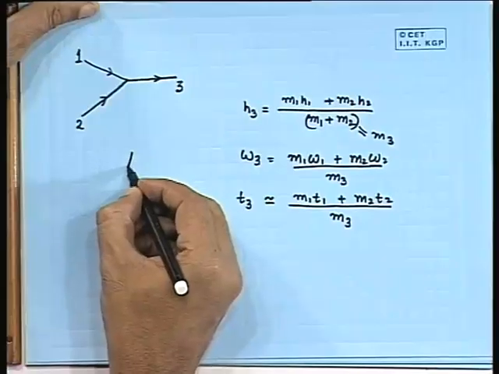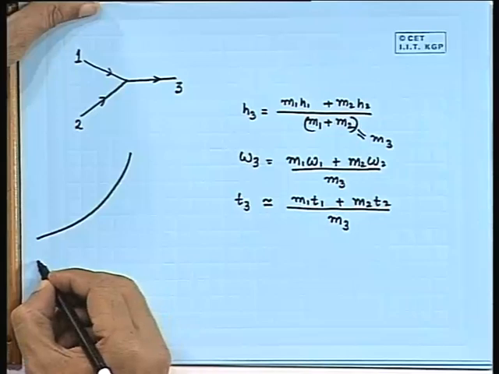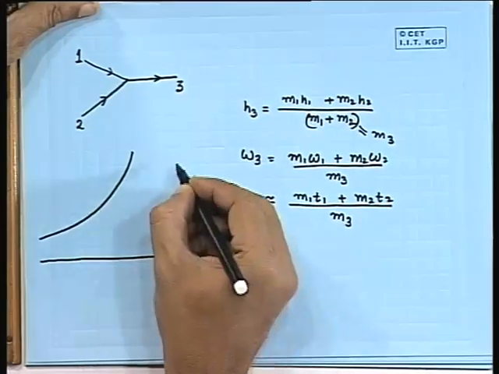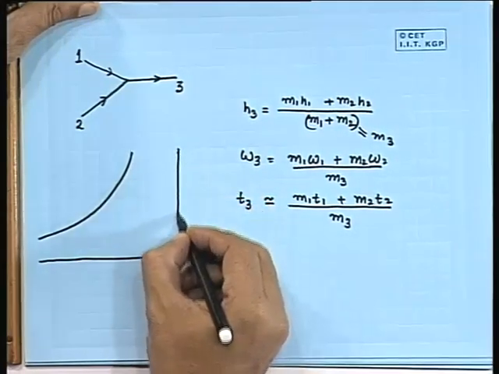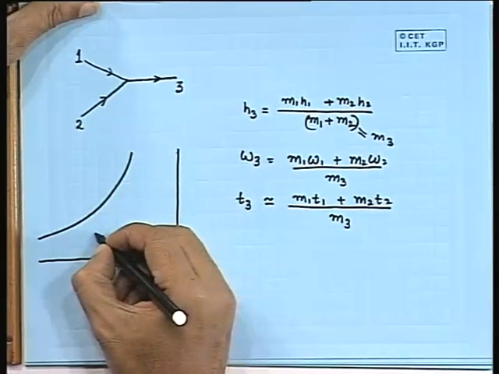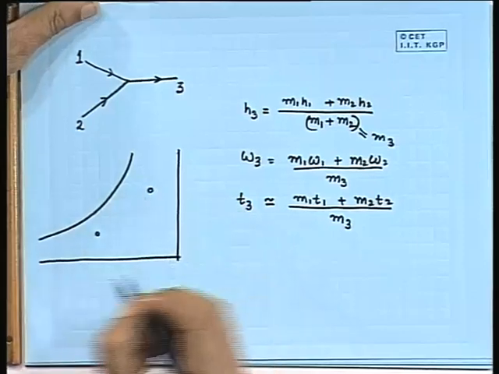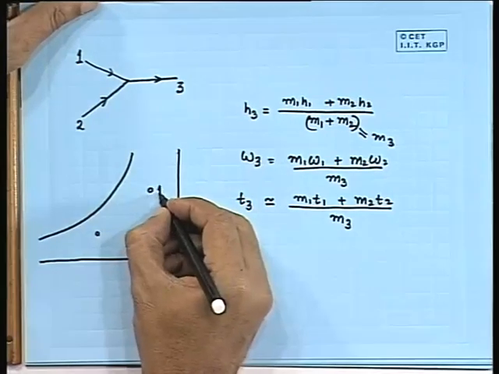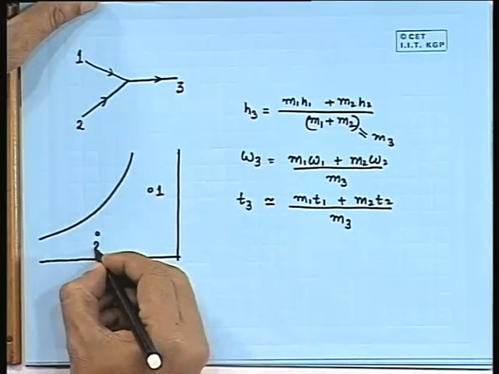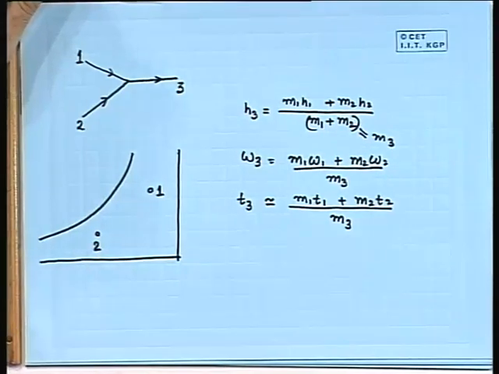So, now if I want to represent this on a psychrometric plane, we have two conditions. Let us say this is 1, this is 2. That means we have two samples of moist air and they are mixing together.